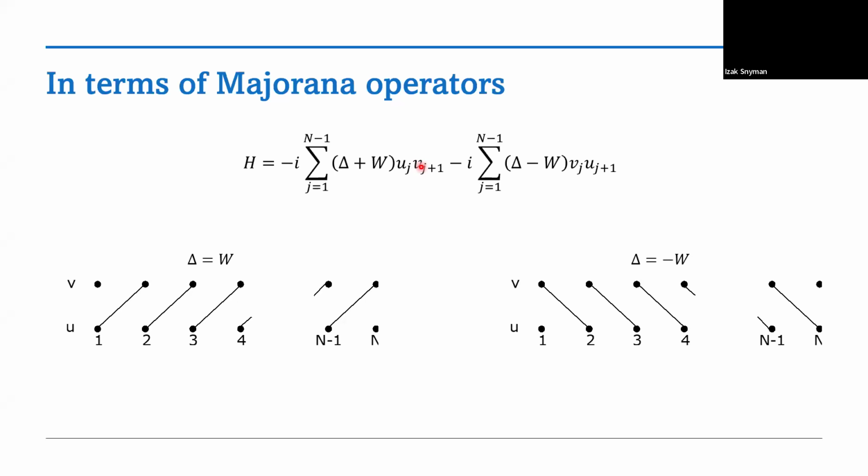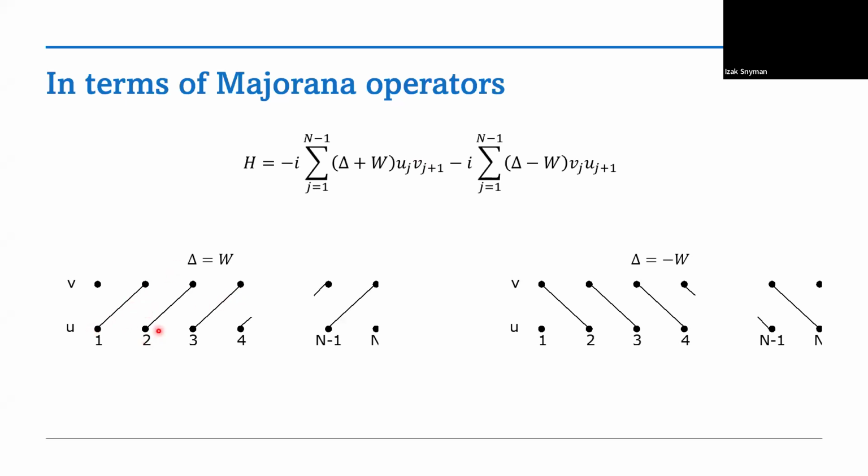highly artificial. But what we're going to do, for a moment, is think about choosing a fine-tuned model, picking very special points of parameters. So if I choose the superconducting gap equal to the hopping bandwidth, so delta equals W, then only this first term is going to survive. And I represent that like this line.